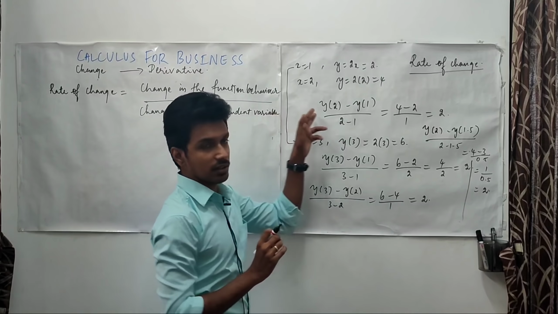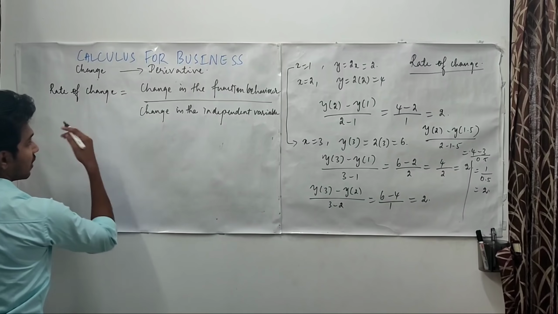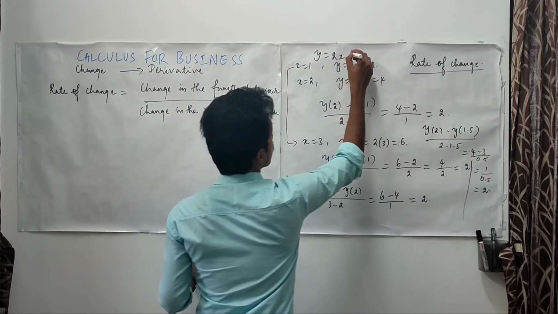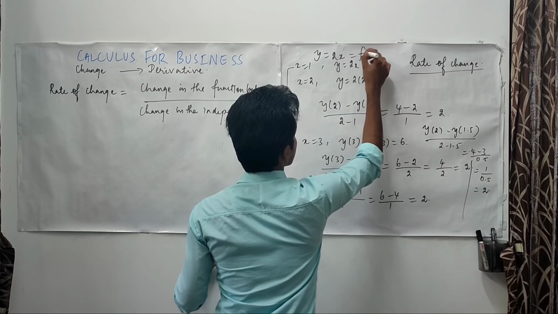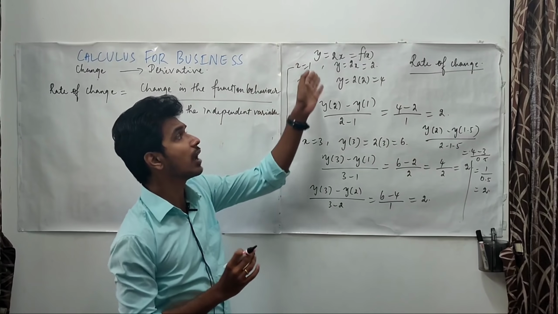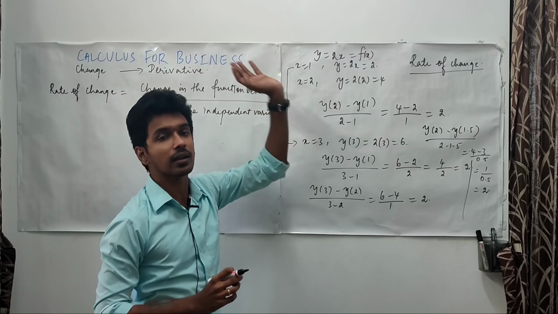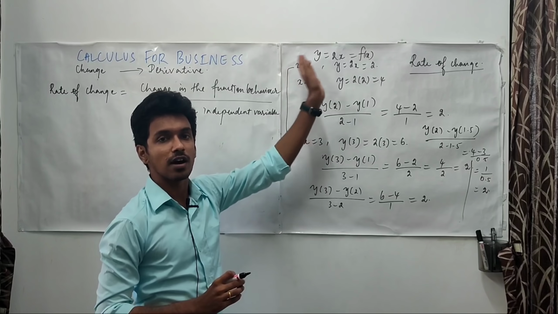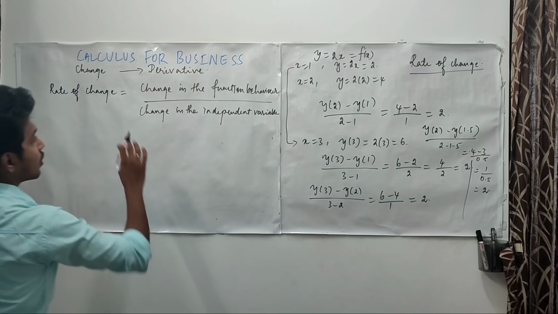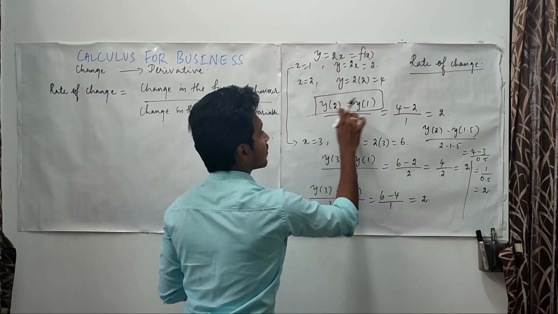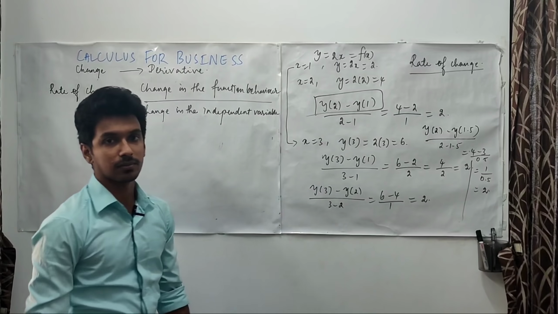Here, what is the function? This y. Actually, initially what we had, y is 2x, right? So this may also be written as f of x, some function of x. Based on the value of x, we are going to get the value of y, and that is why this is called a function of x, right? So that is the change in the function behavior when there is a change in the independent variable.